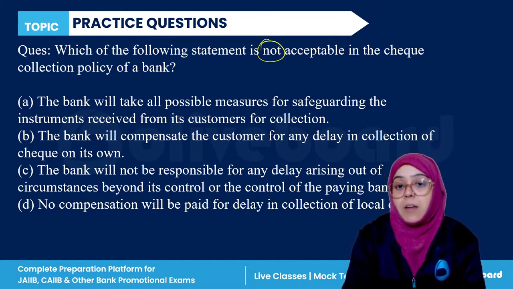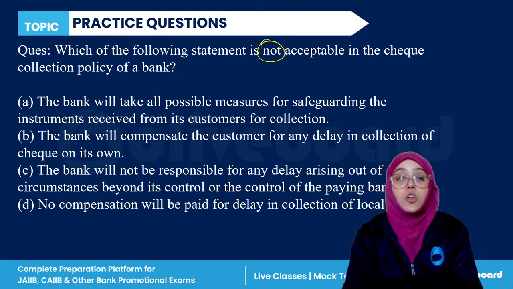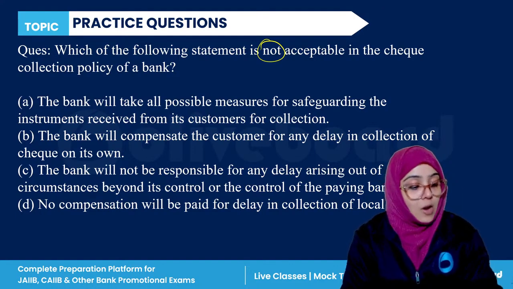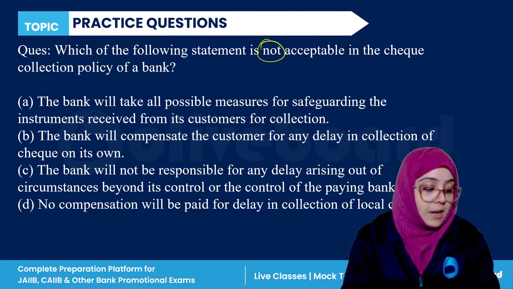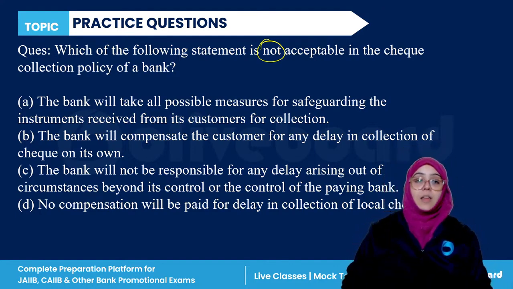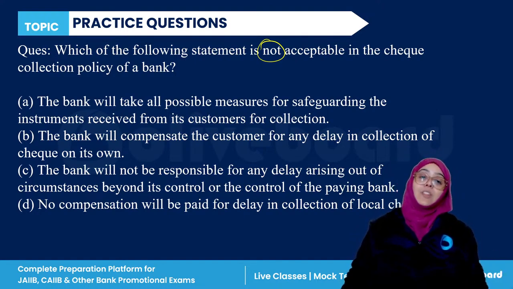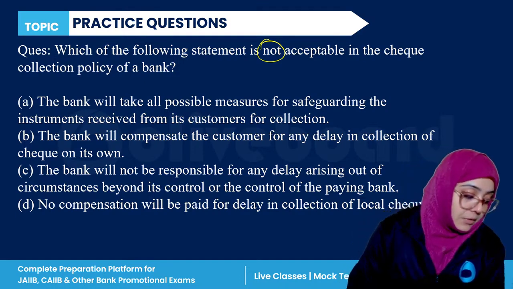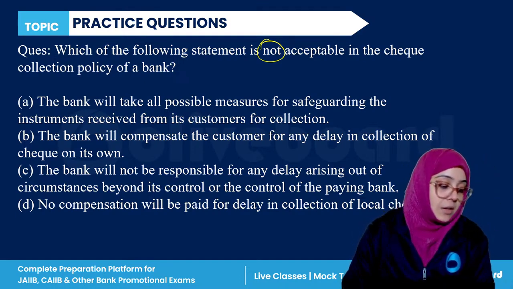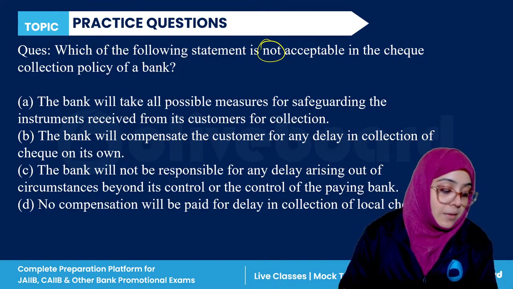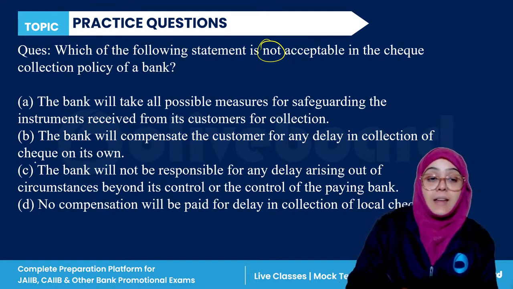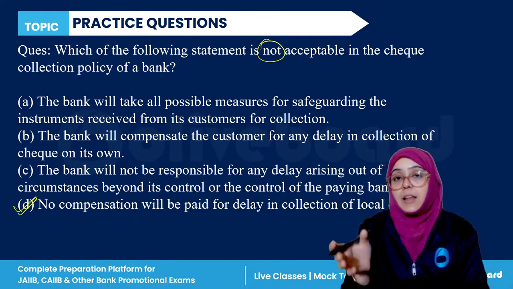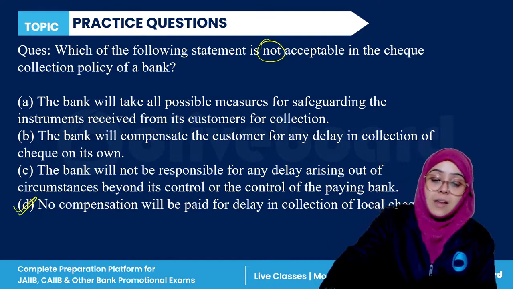No compensation will be paid for the delay in the collection of the local check. So if you are saying that no compensation is paid for the delay in the collection of a local check, that is wrong. D is the correct answer.